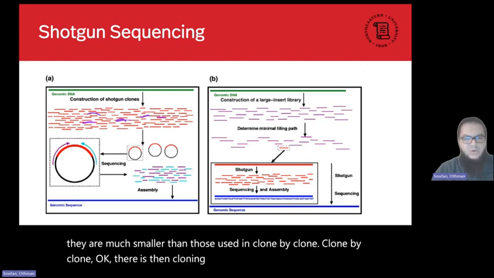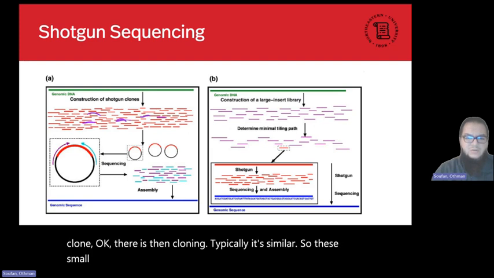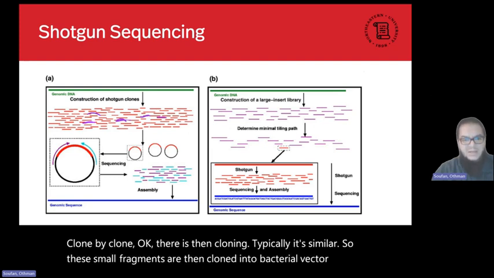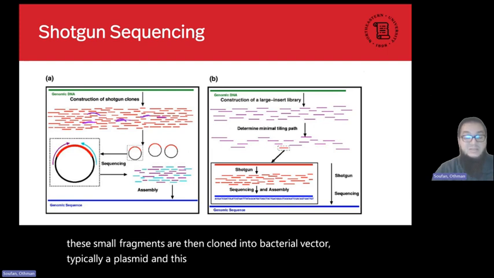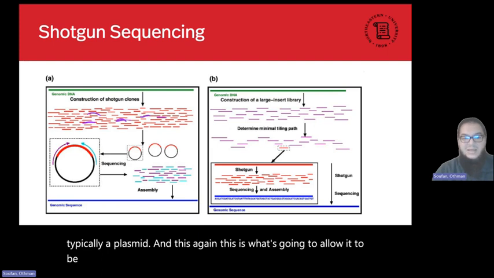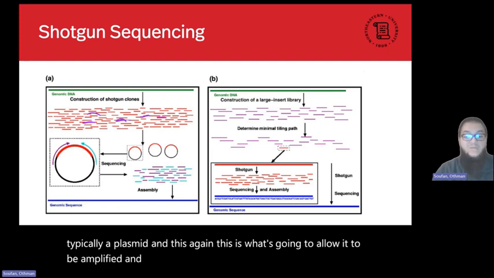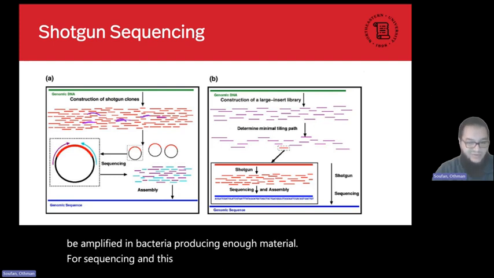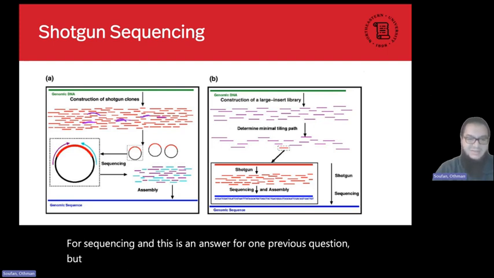So these small fragments are cloned into a bacterial vector, typically a plasmid, and this is what allows it to be amplified in bacteria, producing enough material for sequencing. And this is an answer for one previous question, but I hope you have answered it, okay?